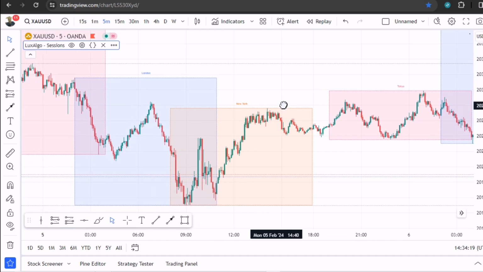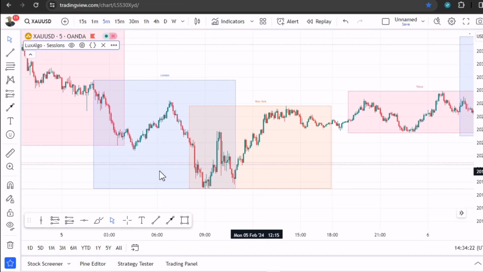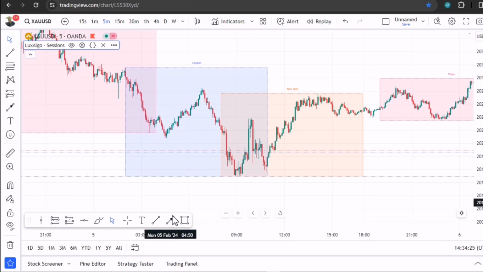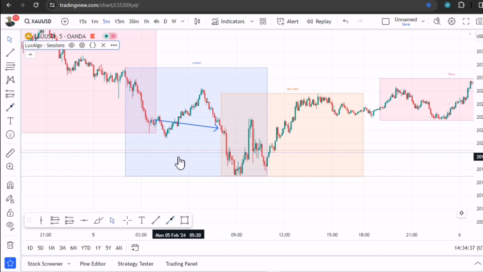Let's see what happened. I did analyze these things yesterday. Price, was it on a downward move? Can't clearly see. It was on a downward move, so you would have bought here.